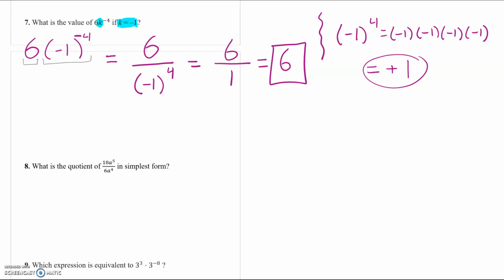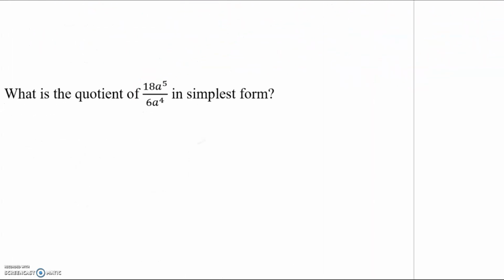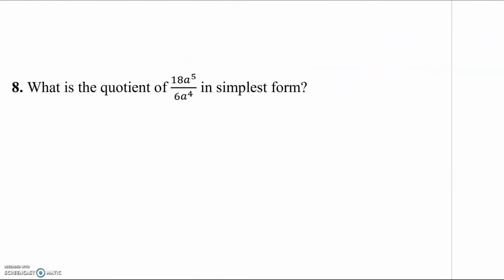All right, next question, number 8. We are on, what is the quotient of 18a to the 5th over 6a to the 4th in simplest form? So again, I'm doing kind of a similar thing here, right? I'm going to keep each piece kind of separate. Okay, so I'm going to look at their 18 over 6, our numbers, and then my a terms as separate little pieces.